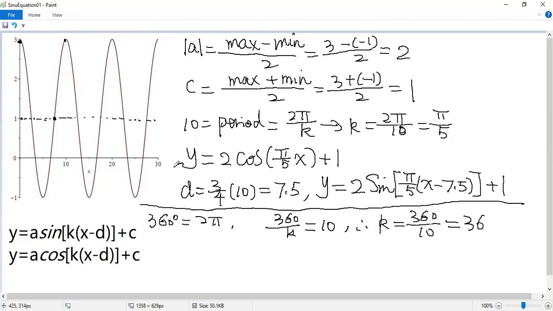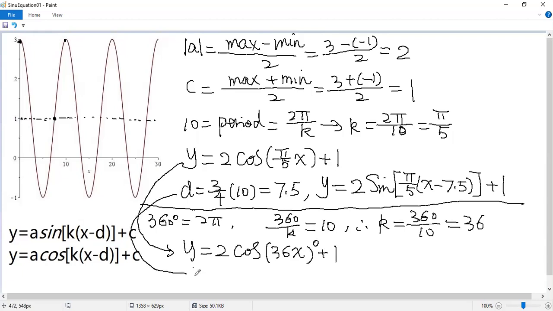So the first equation can be written as y equals 2 cosine of 36x degrees plus 1, or y equals 2 sine of 36 times (x minus 7.5), in degrees, plus 1.